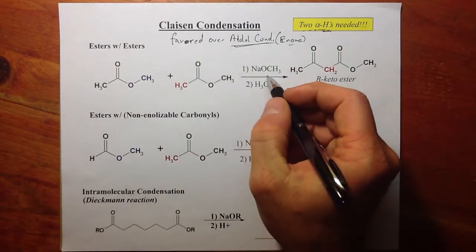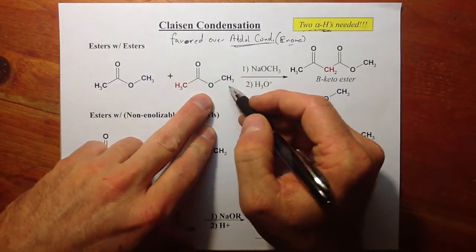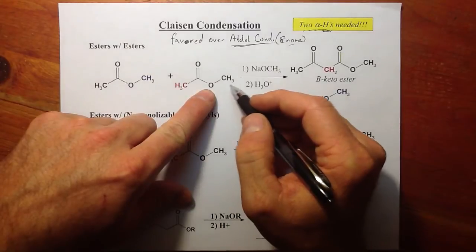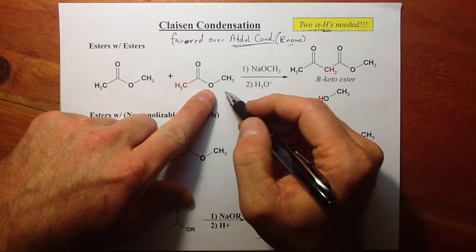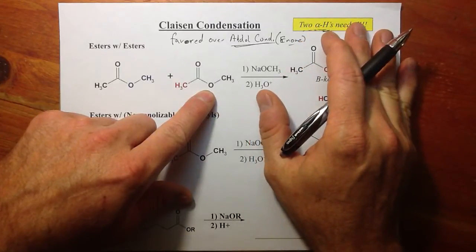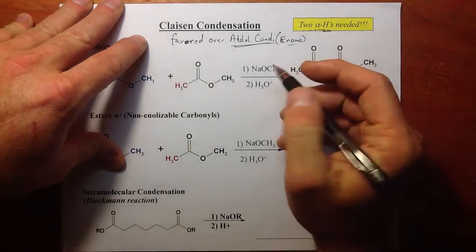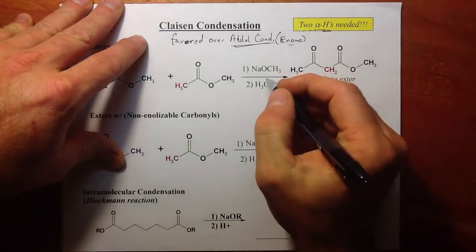If we use sodium hydroxide, that could attack as a nucleophile, replace the OCH3, and have an OH here that can be deprotonated to make a very stable anion. The weak base carboxylates would be just favored, and you wouldn't go anywhere.